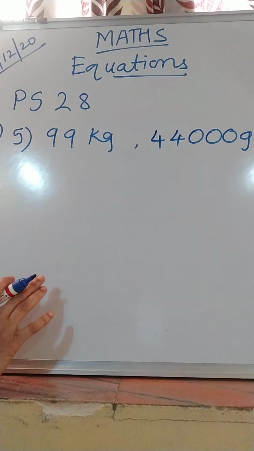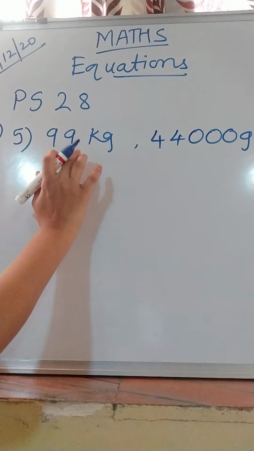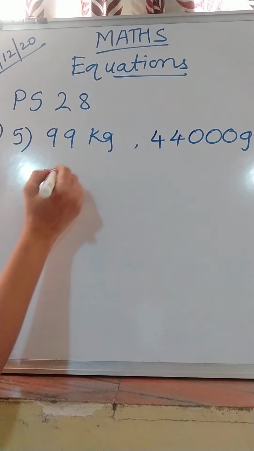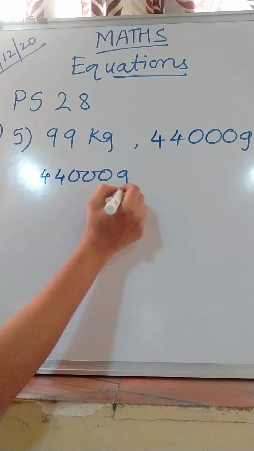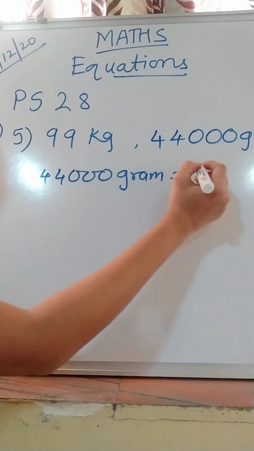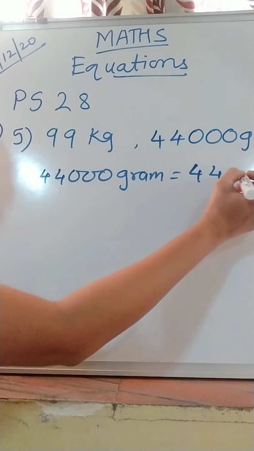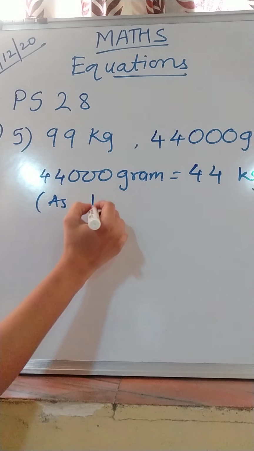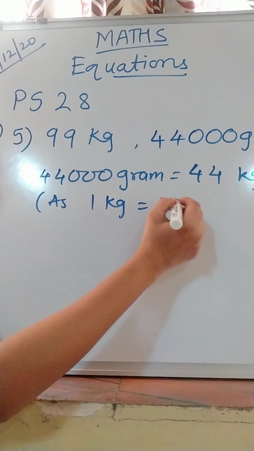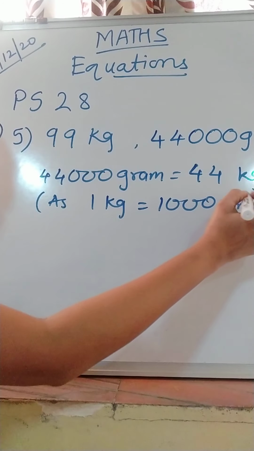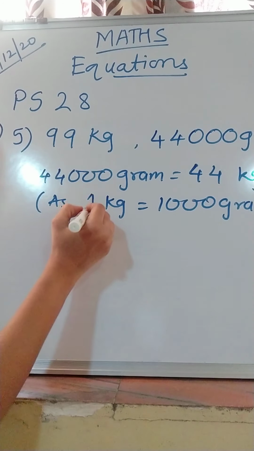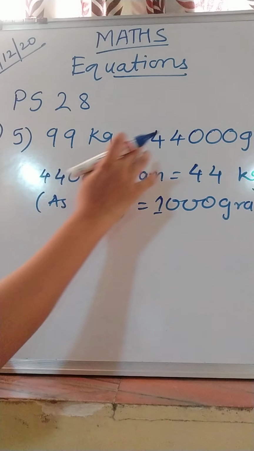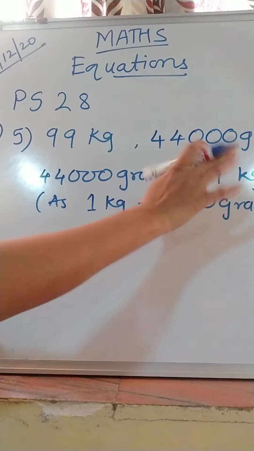We will convert gram into kg and then find the ratio. 44,000 gram means 44 kg, because 1 kg is equal to 1000 gram. Understand?